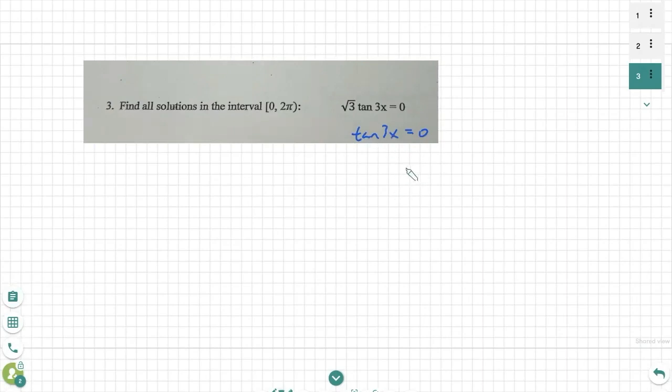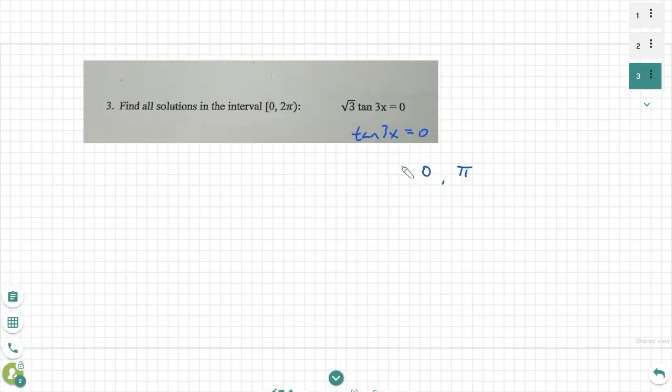So tangent of what is equal to 0? The tangent of 0 and pi. So let's just stick with 0 and pi for now, and then we'll see how it works later.